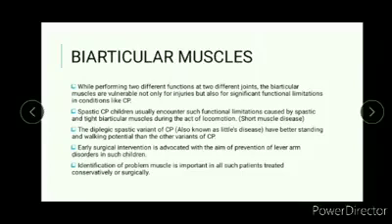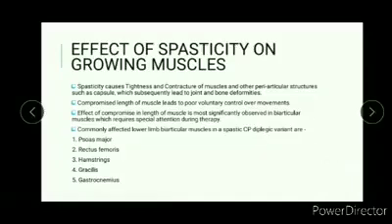Prevention of these structural lever arm disorder will be possible only in presence of early intervention in form of correction of these biarticular muscle tightness. The identification of problem muscle is important in all such cases, whether they are treated conservatively or operatively.